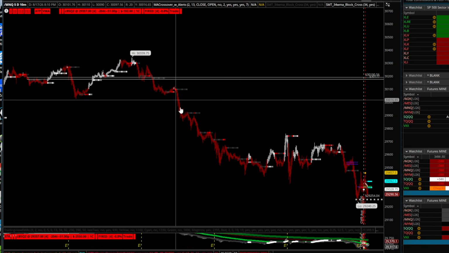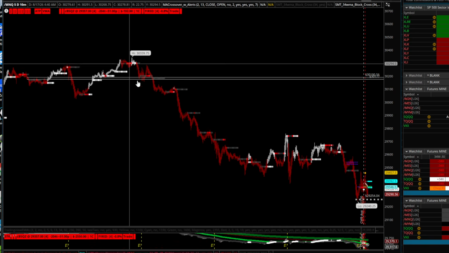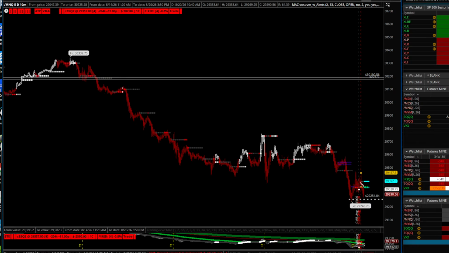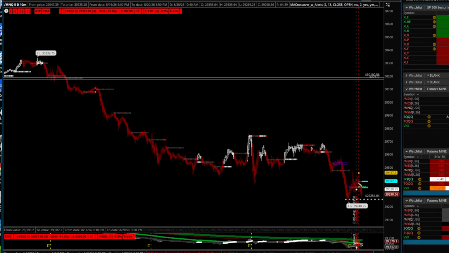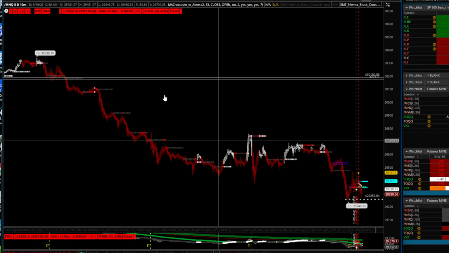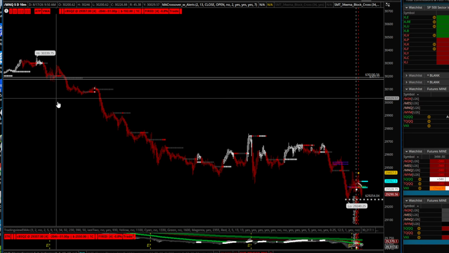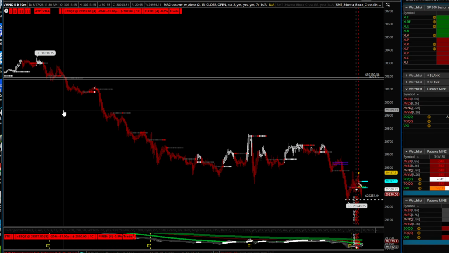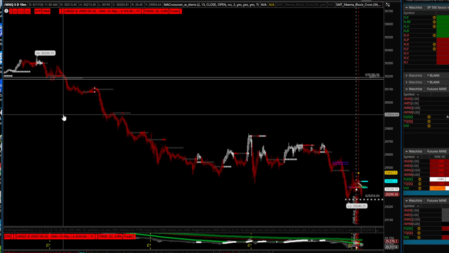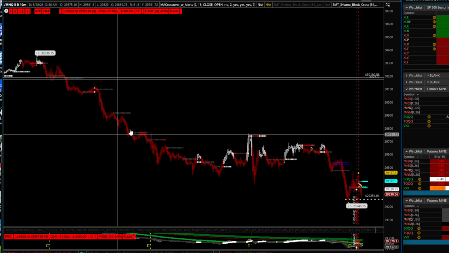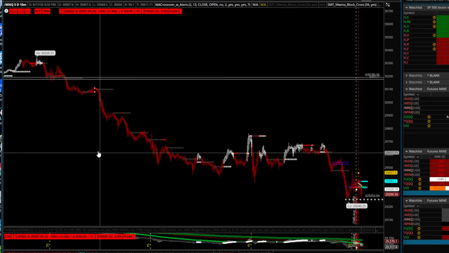All right, so we have our levels, but what I want to show you guys is, let's expand this out. What do we have here? If anyone out there is familiar with stage analysis or cycle stage analysis, my trading system is very similar to that, but it's more advanced than what Stan Weinstein originally published.